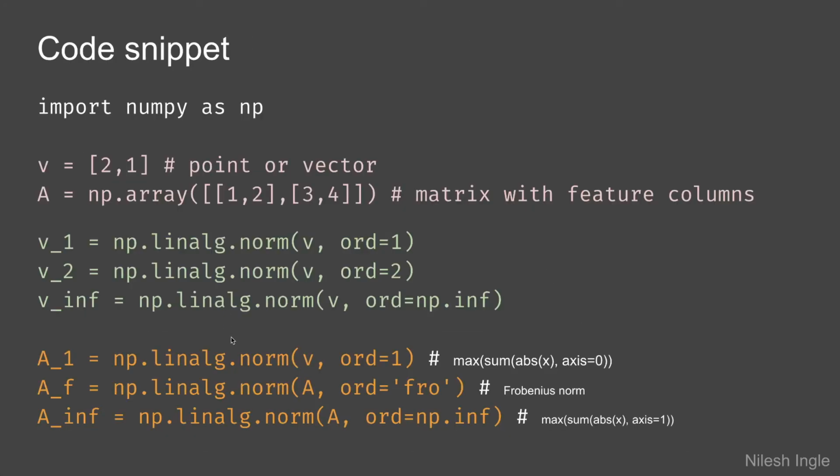For arrays, these are the options we have. There's a Frobenius norm that's different from the others, that can help us calculate values which are similar to the L2 norm for the vector.